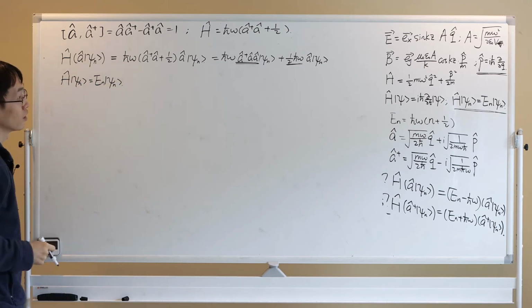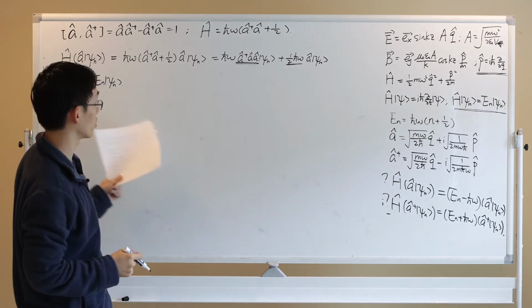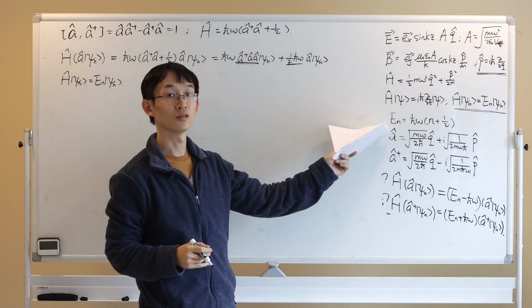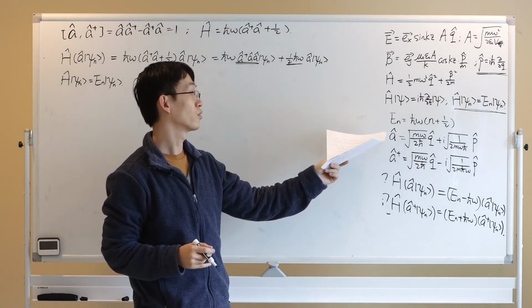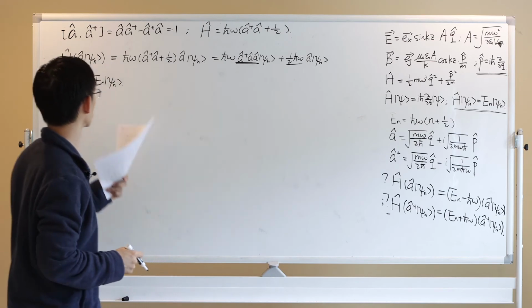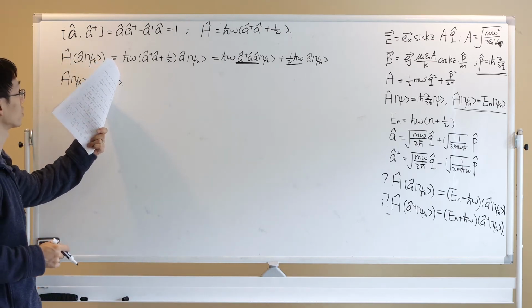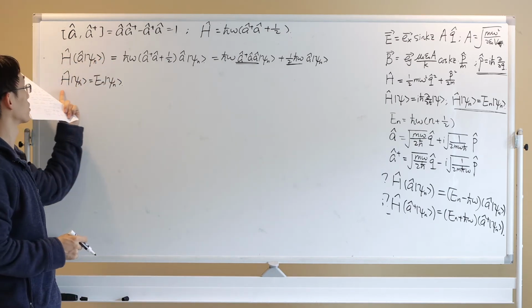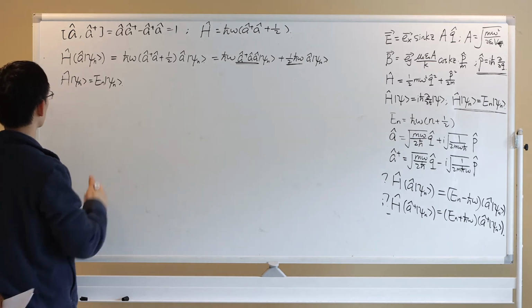And also, when we use this relationship, we're not assuming we know this. We will actually derive this. Here we just assume there's an eigenfunction, eigenstate with an eigenenergy that satisfies this condition, and that's always true.